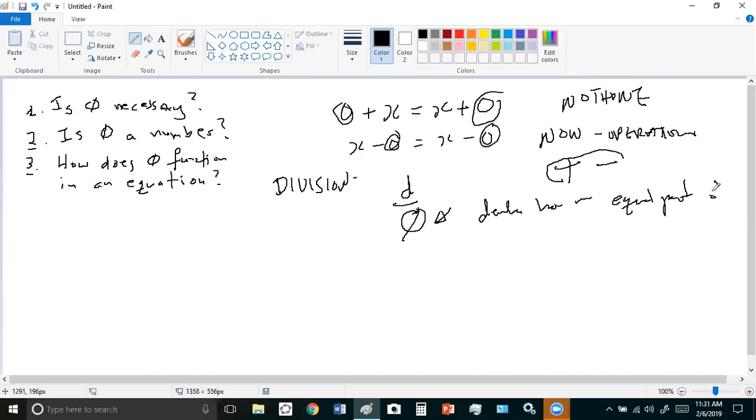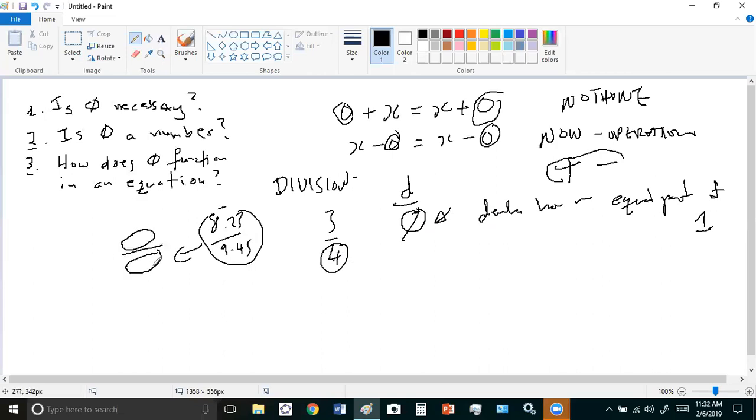So if we, for example, had 3/4, it means we're looking at a unit that has been divided into 4 equal parts. Okay, and you may say, well, what about something like this, 8.23 over 9.45? Well, you can always reduce this into a rational number with an integer on the top and the bottom, and then conclude that this here is the number of equal parts of a unit, right?